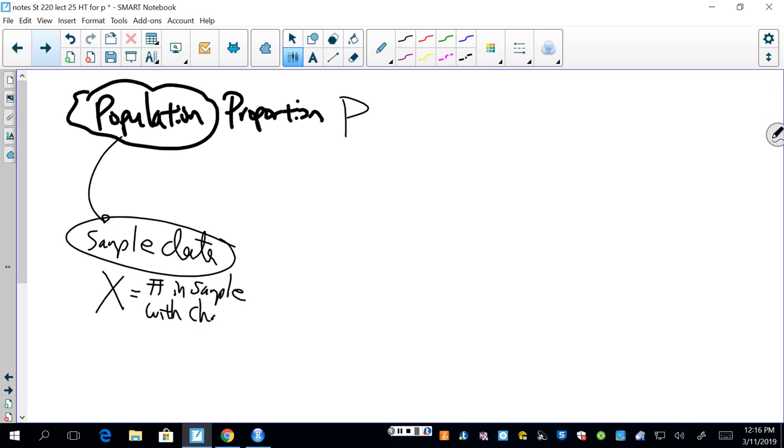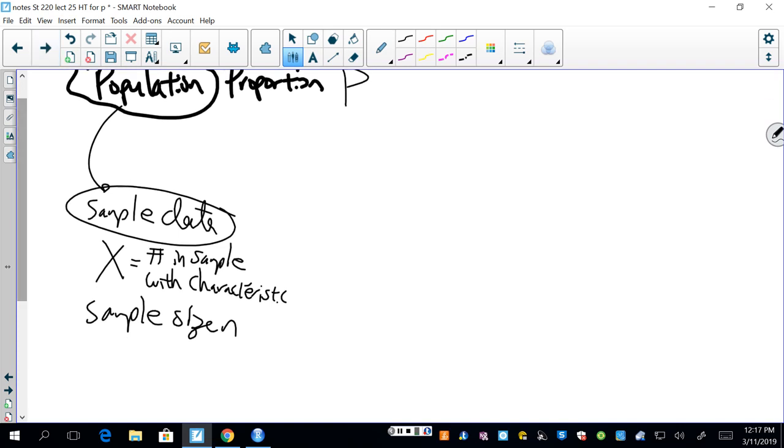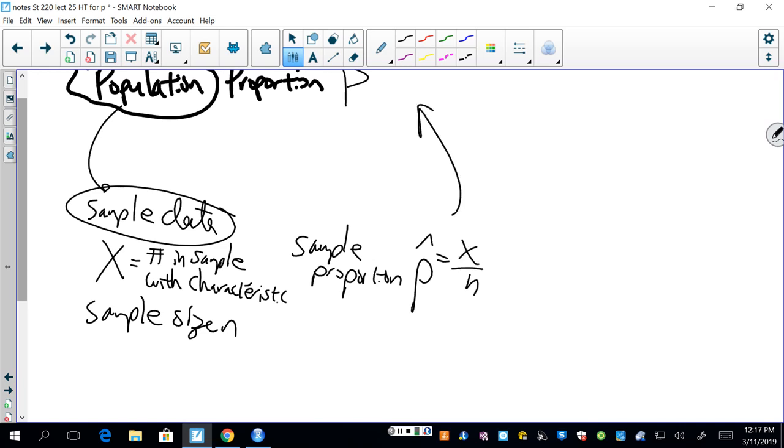We have a sample size of n, and we get a sample proportion as an estimate. p hat is going to be x over n. We want to go this way to do inference for our population value p.